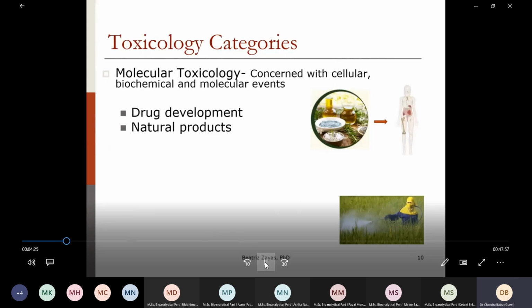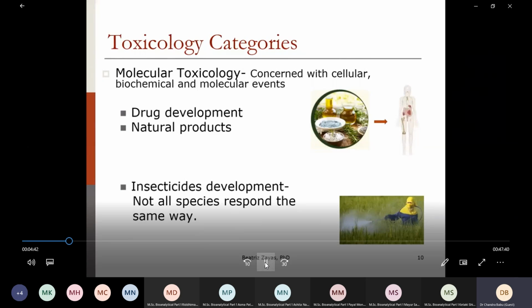And we hope that they're all beneficial effects. But in order to prove that, we need to have molecular toxicology implemented to define at what level or what kind of interaction those substances are having with DNA, with lipids, with proteins, and so on. Similarly, the insecticide development area will need that kind of studies. So we know that insecticides will not affect every species equally, but we need to know exactly what is the mechanism of action involved in that effect.